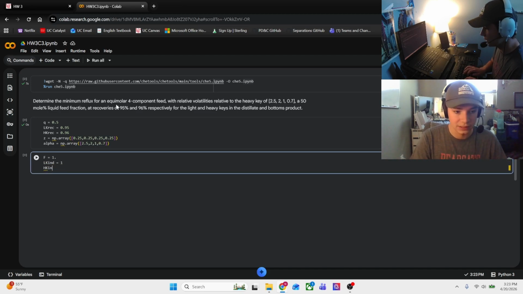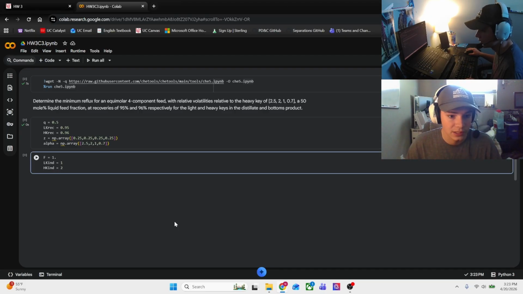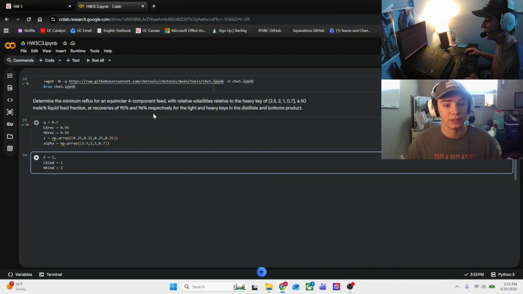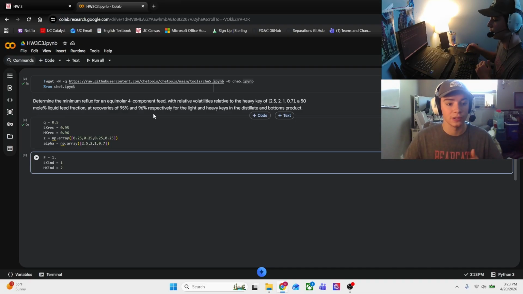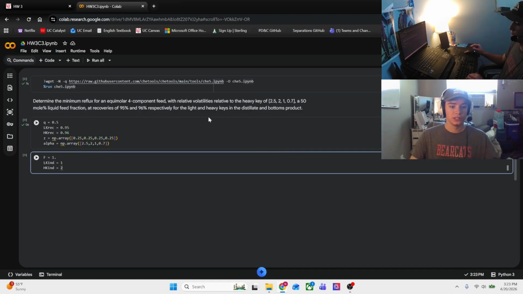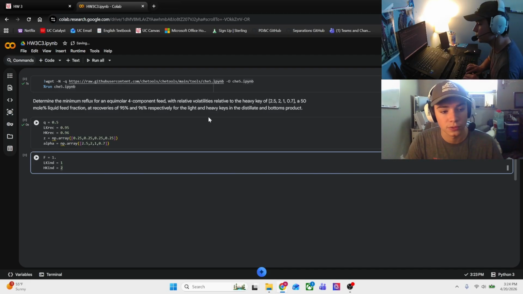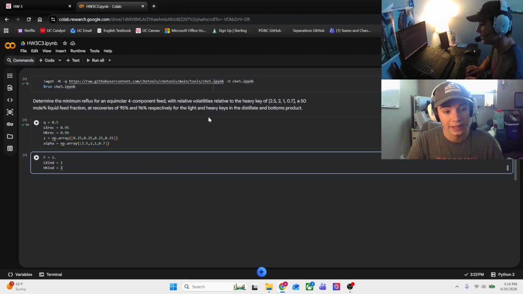So our heavy key index is going to equal 2, and that, of course, is because that's our 2 relative volatility value. The more volatile component nearest to each other, that's our light key and our heavy key, and then our 2 is, of course, that 1 value. So now we have those indexes for the alphas that correspond to our light key and our heavy key.